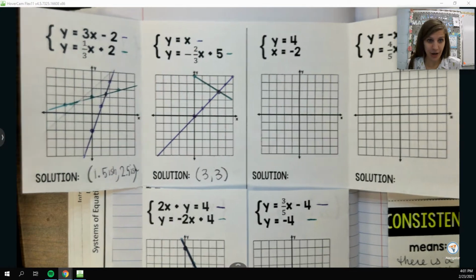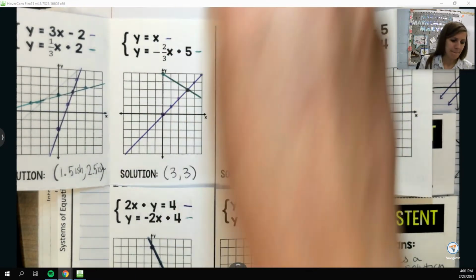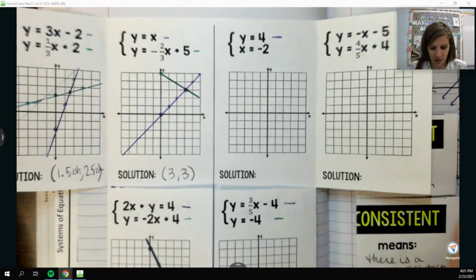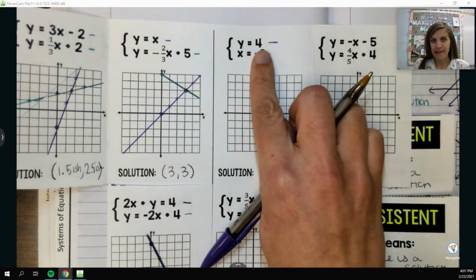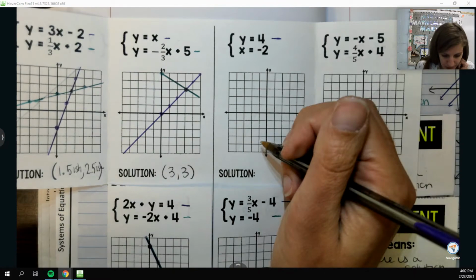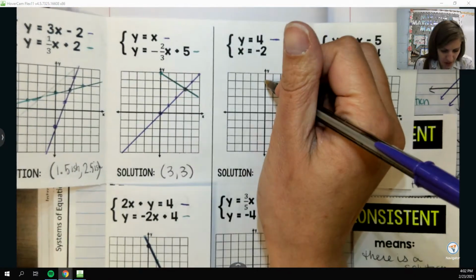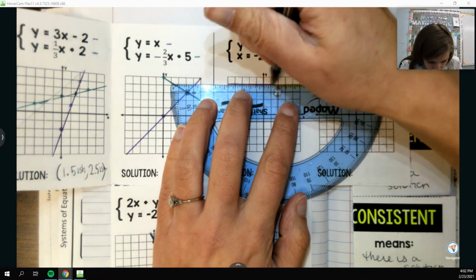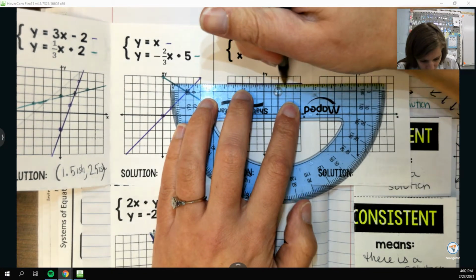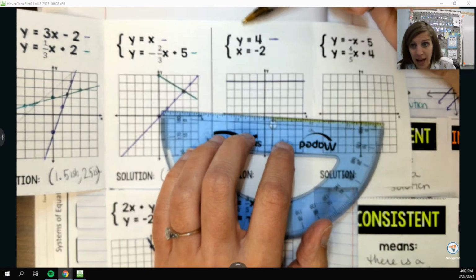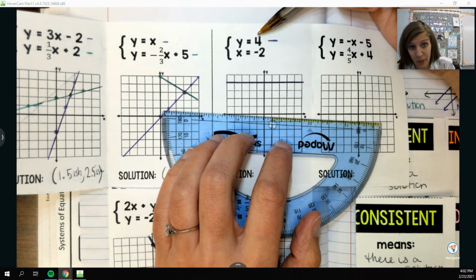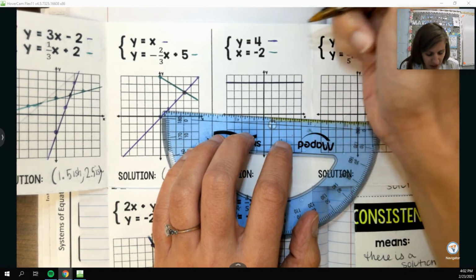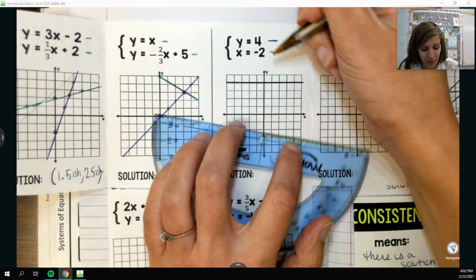Okay, going right across the top here. This first line is a horizontal one, like we talked about before. A horizontal line going through 4. So 1, 2, 3, 4. Now, hopefully it kind of makes sense, but if y equals a number is a horizontal line, then x equals a number will be a vertical one through that number.